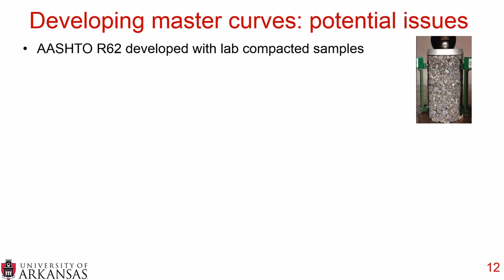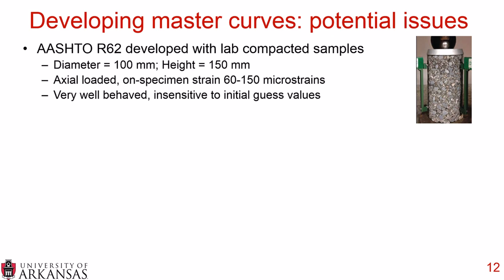Let's keep in mind, AASHTO R62 was developed with lab compacted samples. These lab compacted samples have a diameter of 100 millimeters and a height of 150 millimeters. You put an axial load on the sample, which means you're pushing from the top, and you have on-specimen strains of 60 to 150 microstrains. That's so it stays within the linear viscoelastic region.